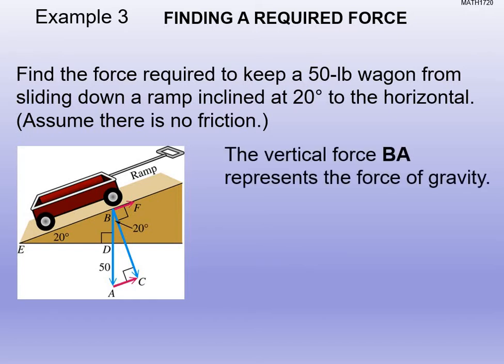So we want to find the force keeping the wagon from sliding down the ramp. So the force vector shown there in the pink or purple, whatever color you want, that's F. The vertical force is the weight of the wagon. We're going to incorporate gravity into that. I said we're not going to incorporate gravity, but remember gravity's 9.81 meters per second squared or things like that. That's acceleration due to gravity.